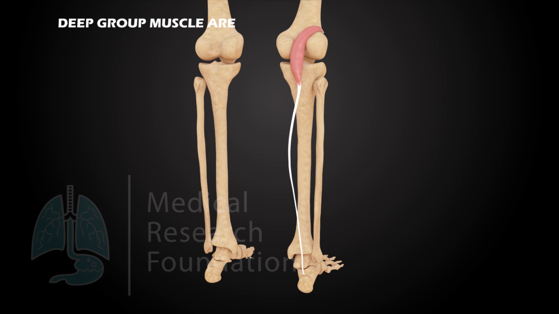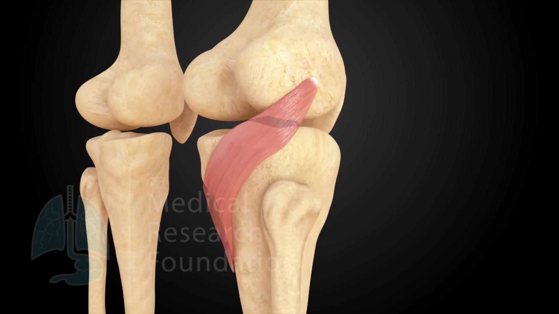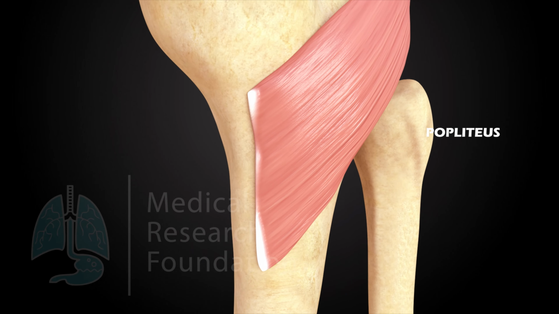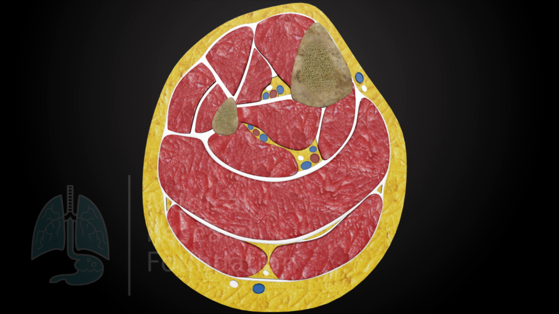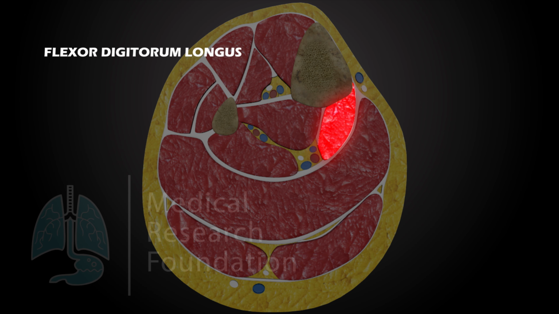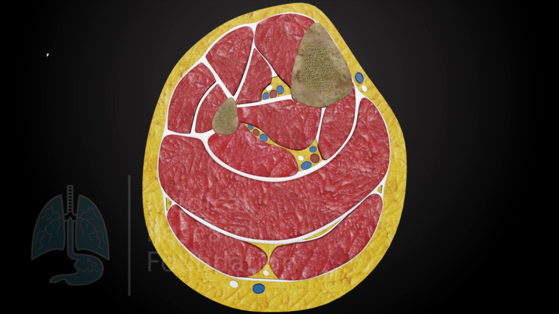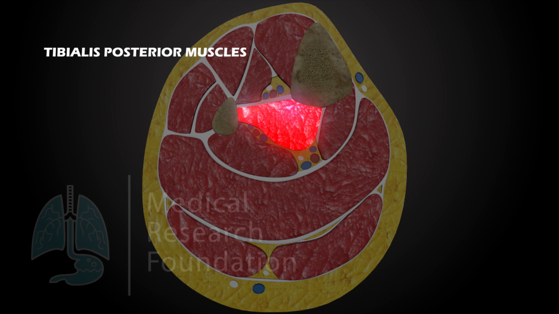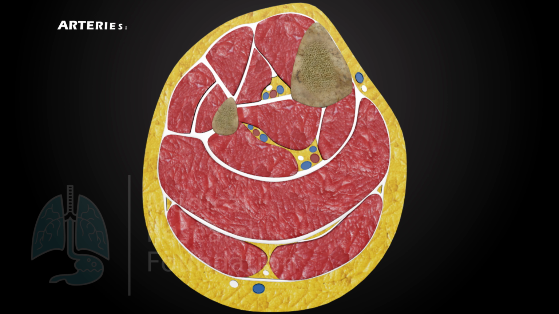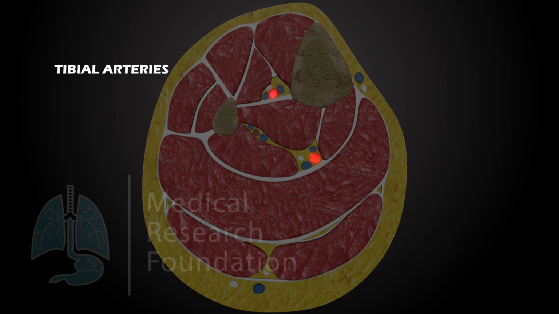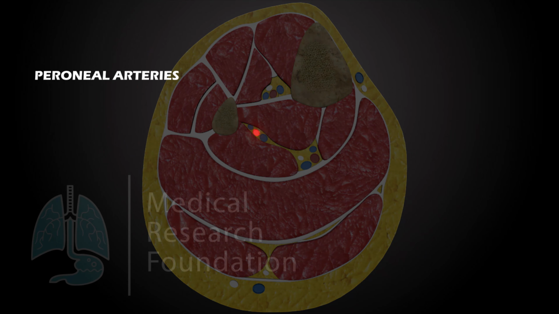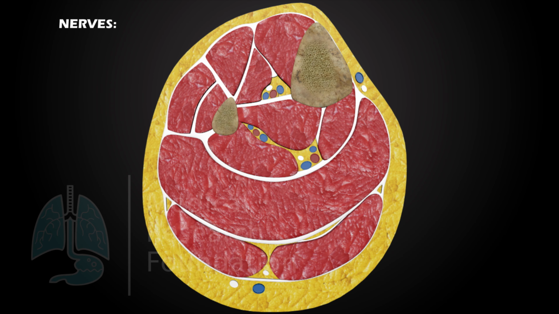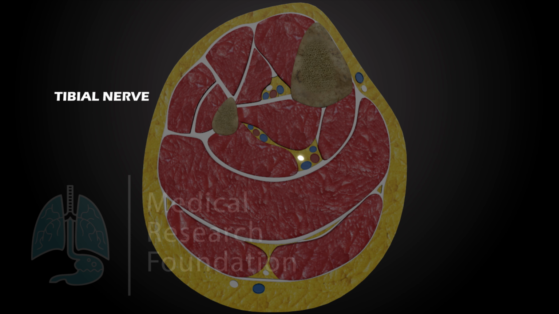Deep group muscles are Popliteus, Flexor digitorum longus, Flexor hallucis longus, and Tibialis posterior muscles. Arteries: tibial arteries and peroneal arteries. And nerve is tibial nerve.